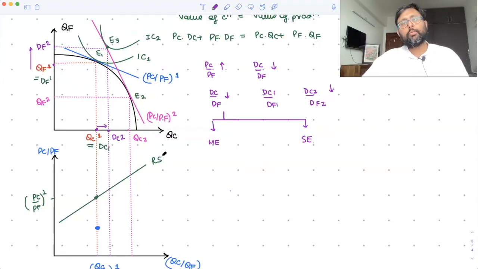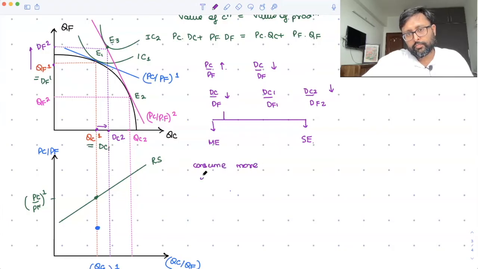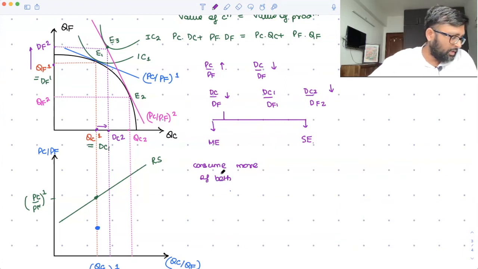Income effect says, boss, the relative price of cloth has increased, so people who are producing cloth, their income has increased. So the income effect says, basically, consume more of both the commodities, they being both normal. Consume more of both, right?